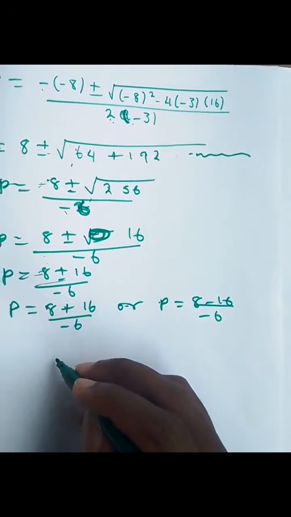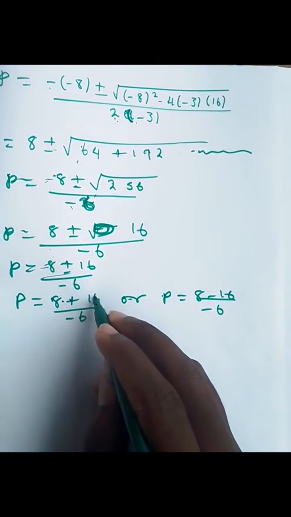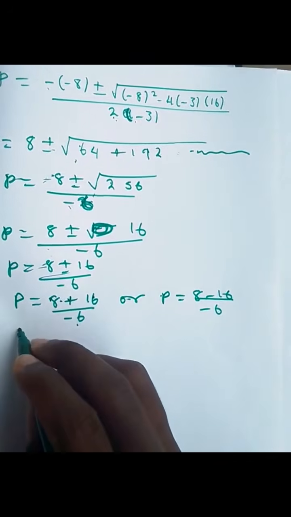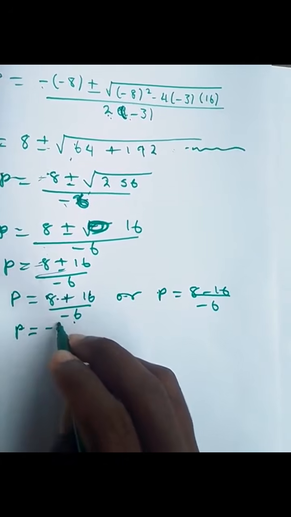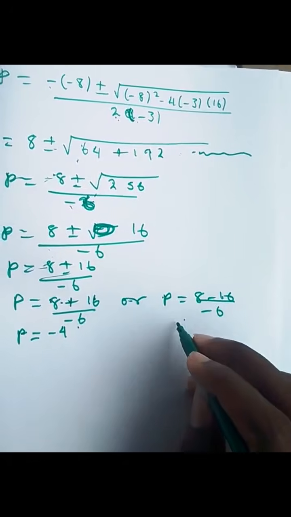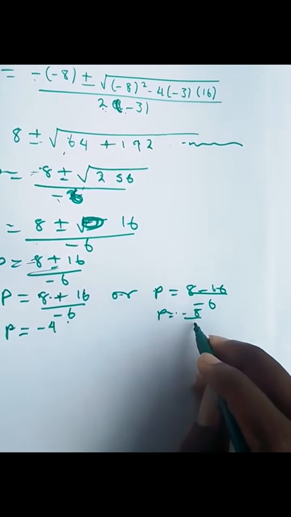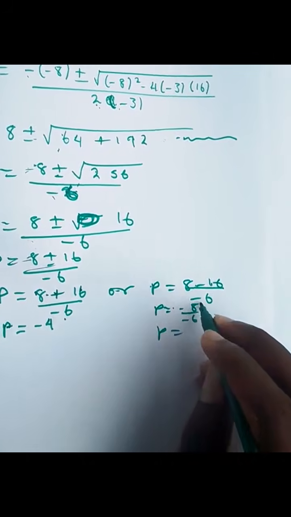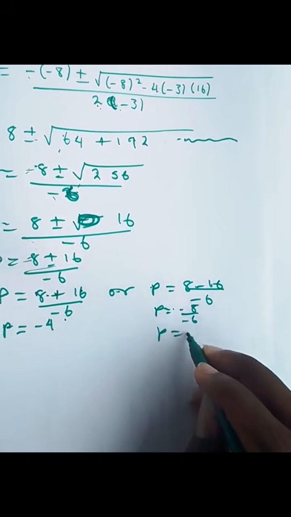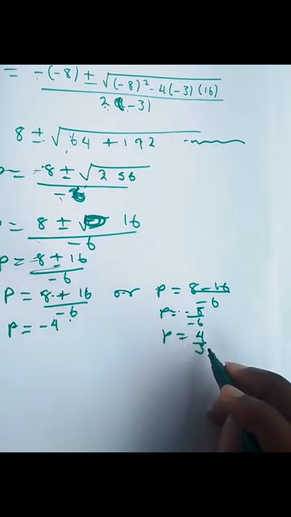And when you sum this, it will give you 24, right? 24 over negative 6 is going to give us negative 4, right? And this one is just going to give us p is equal to negative 8 over negative 6. We can reduce this, 2 into 8, 2 into 6. It's going to be 4 and 3 here.